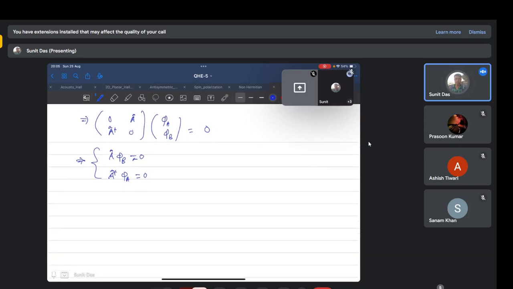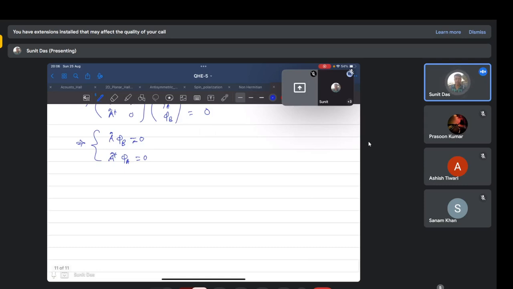These are the two equations. Now, a is the lowering operator and a dagger is the raising operator.